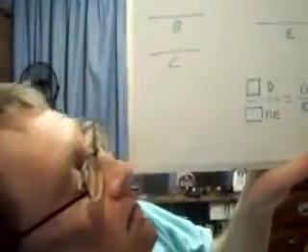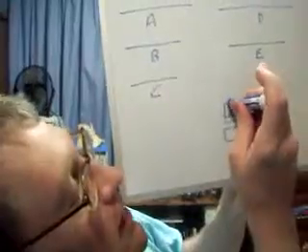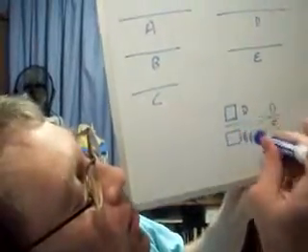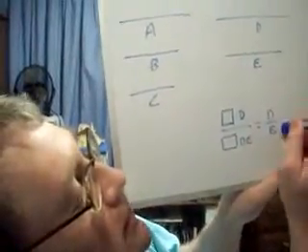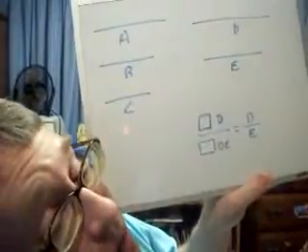Alright, let's try that again. As this square is to this rectangle, so is this line to this line. That's what they were saying. Well, that's what Euclid was saying. Let's go on.